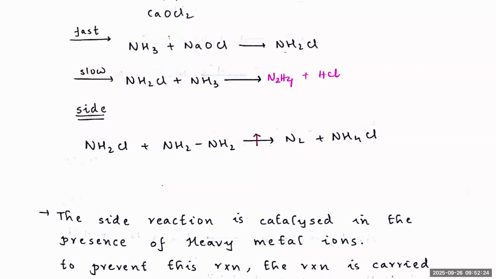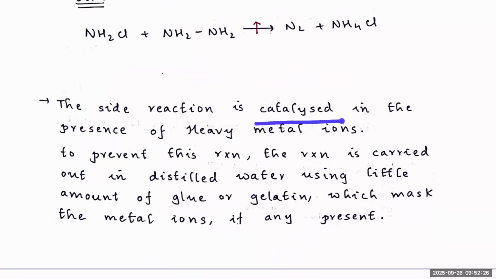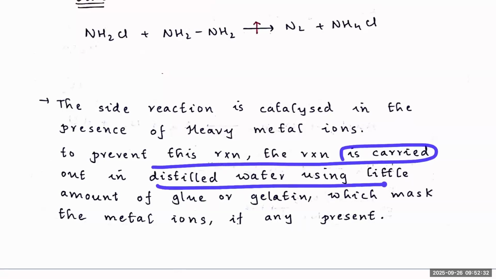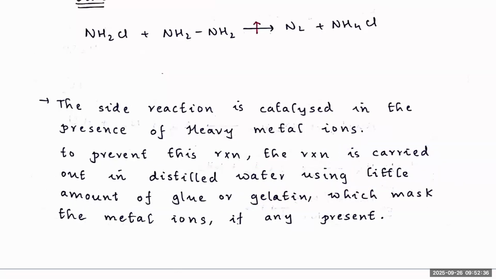Now the side reaction is catalyzed in the presence of heavy metal ions. So to prevent this reaction, the reaction is carried out in distilled water using a little amount of glue or gelatin, which masks the metal ions if at all they are present.